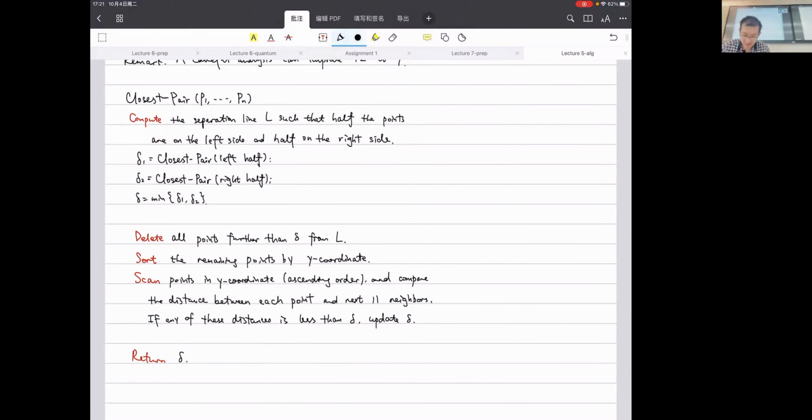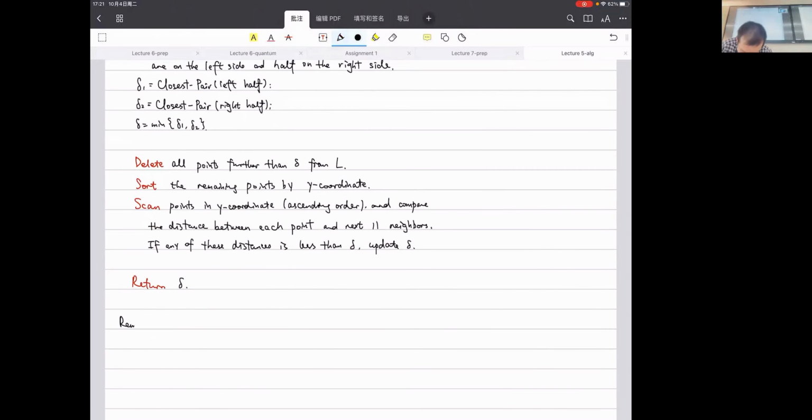Here, a very quick remark is that we can not only return delta, but also the pair that reaches this. You just take another register to keep storing the pair along with delta.